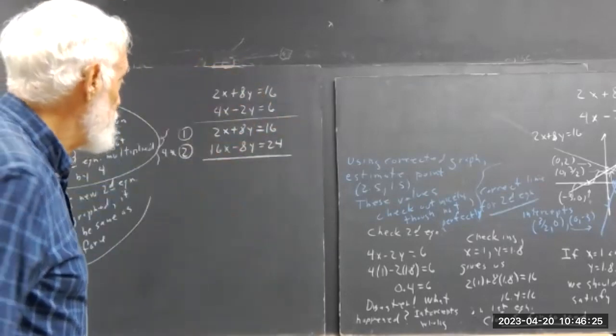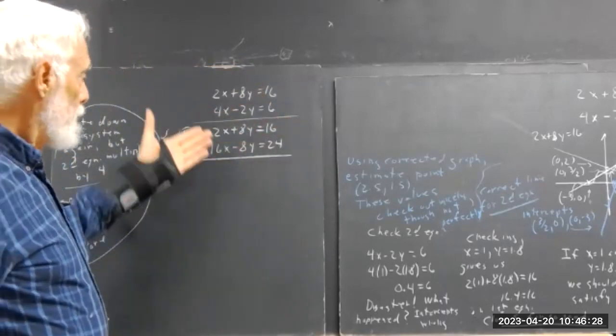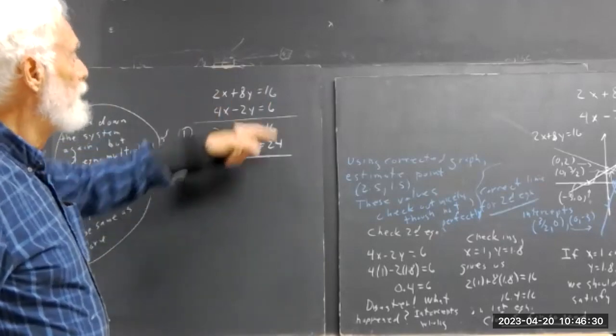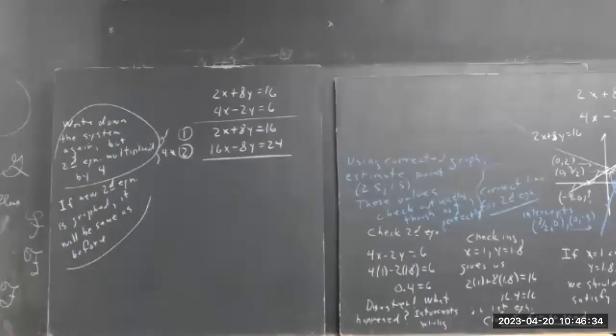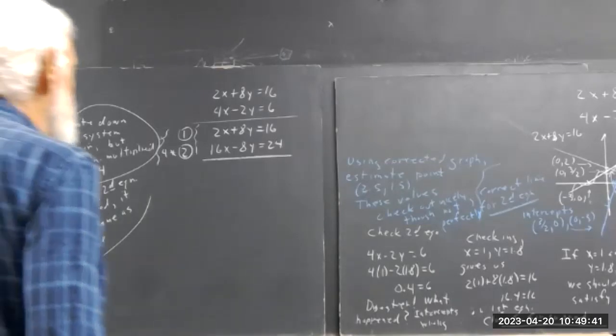If I add these things together, what do I get? Write down what I get if I add the left-hand sides. What do I get if I add the right-hand sides?